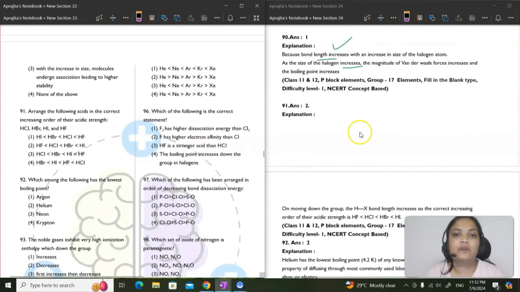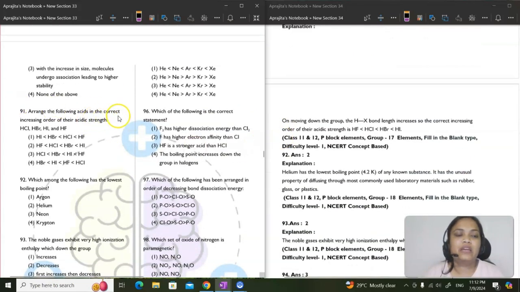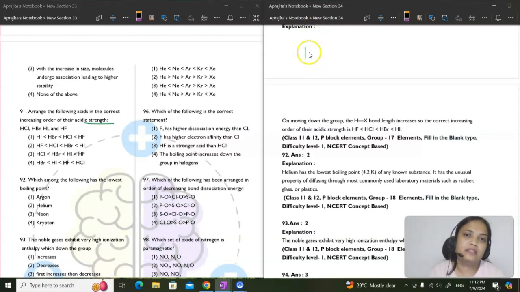Next, question number 91. Which of the following acids is the correct increasing order of their acidic strength? So we have seen that when we are moving down the group from fluorine to iodine, the atomic size increases, and because of that the H-X bond length increases, so the acidic strength increases.